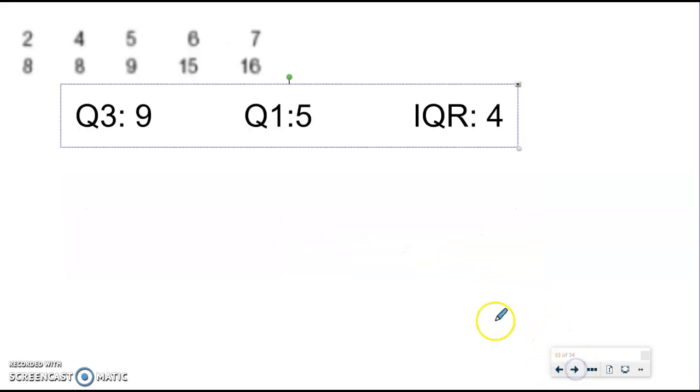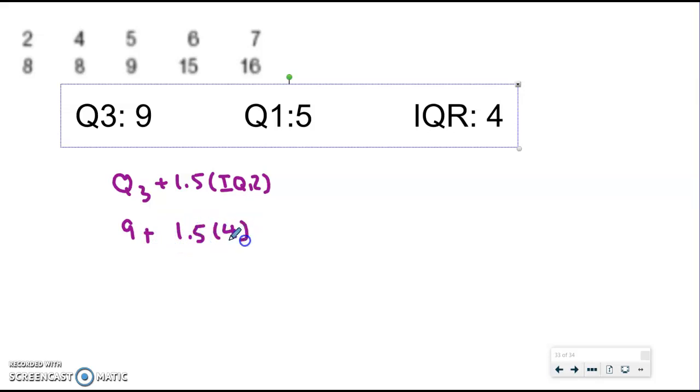So let's just look at an example. This is the same data that we were looking at before. To calculate any outliers, I'm going to take Q3 plus 1.5 times my IQR. So I'm taking 9 plus 1.5 times 4.